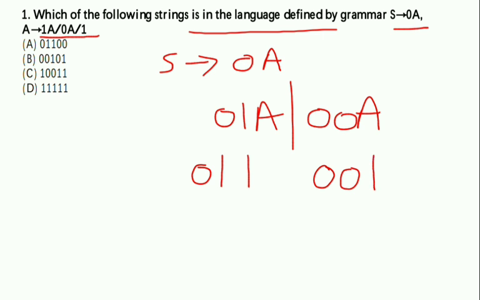So, what is the other possibility here? 0, 1. So, place 1 in the place of A. So, these are the possibilities here: 0, 1, 0, 1, 1, 0, 0, 1.